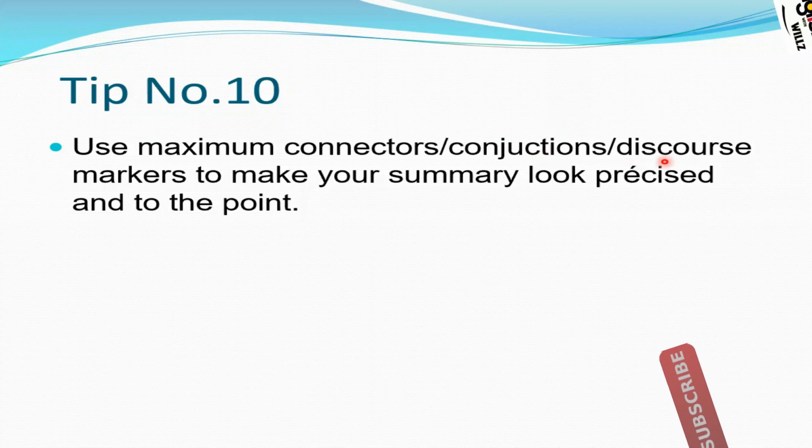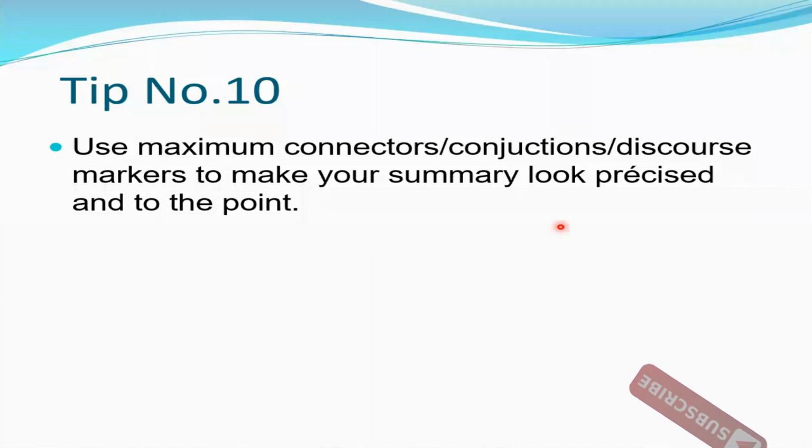There are so many transition words besides "and then", because if you use only "and then", it will be a repetition of one or two words. So try not to repeat the words again and again. Try to use different words every time.